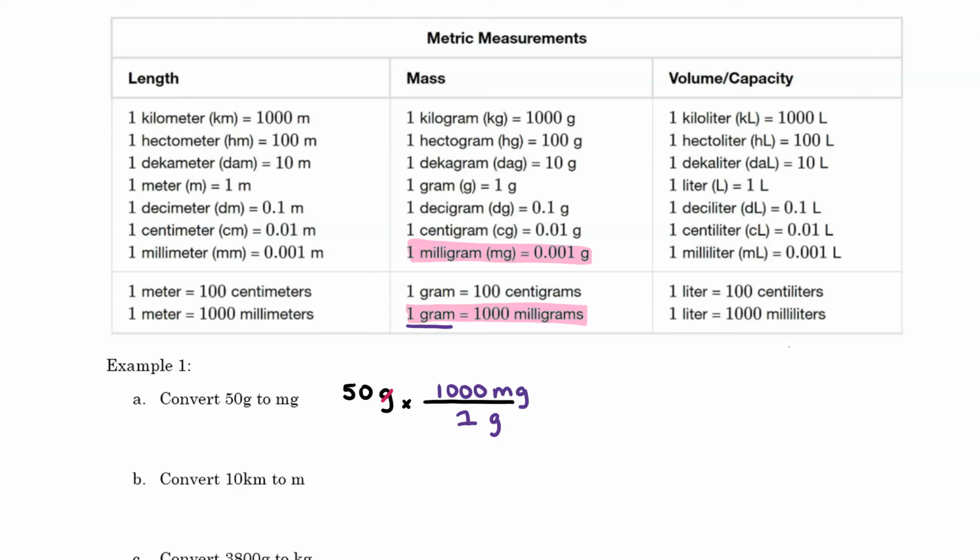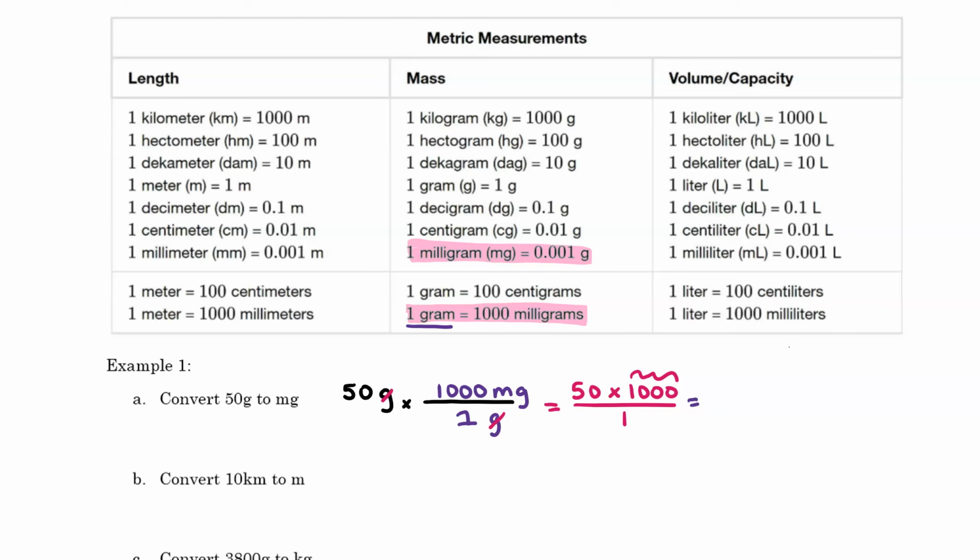Now grams cancel, and the math that I'm doing is 50 times 1,000, technically over 1. Now, timesing by 1,000 is a power of 10. So I have 3 zeros in 1,000. So what I need to do is move the decimal to the right 3 places on the number 50.